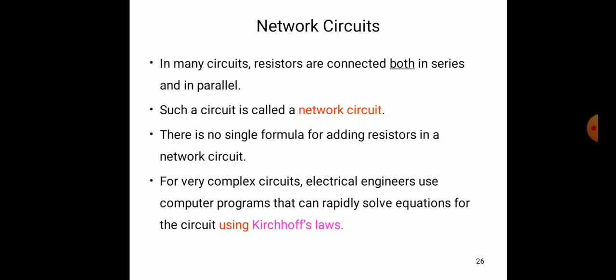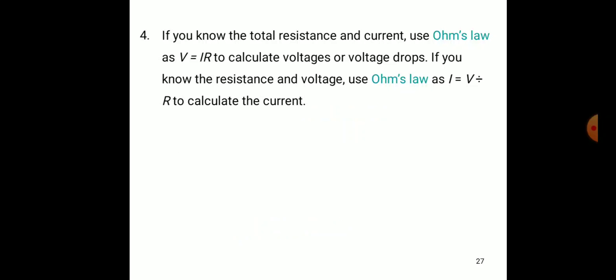Such circuits are called network circuits. There is no single formula for adding resistors in a network circuit. For very complex circuits, electrical engineers use computer programs that can rapidly solve equations for the circuit using Kirchhoff's laws.